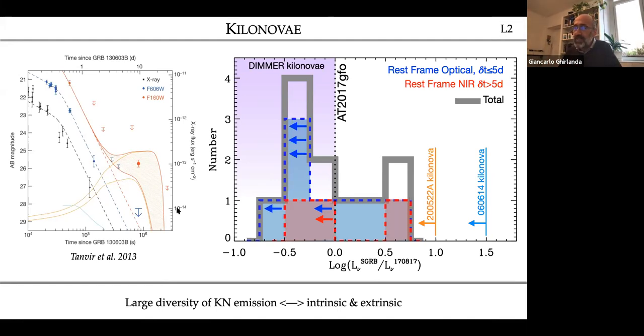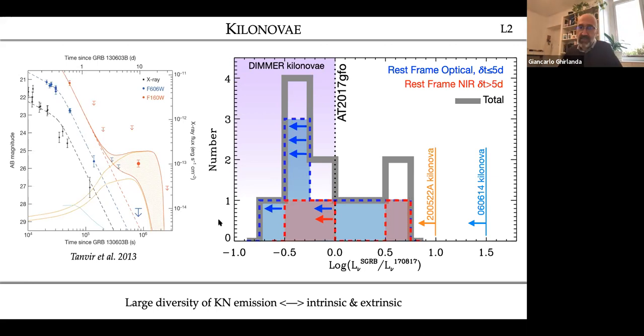What is interesting is to compare, for instance, the luminosity of the optical or near-infrared emission of the short GRBs in which there is some claim or evidence of a possible kilonova, to that of 170817.